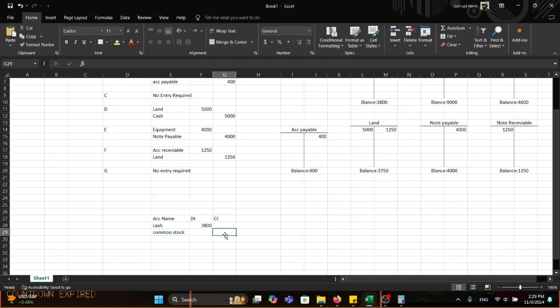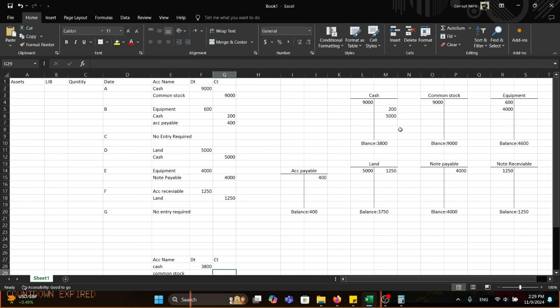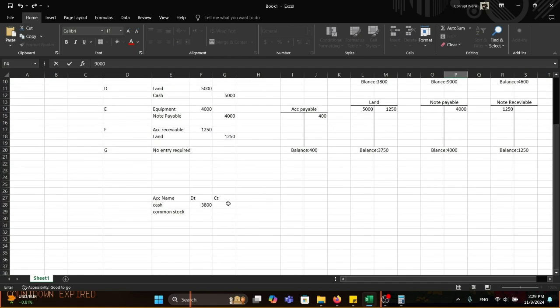Common stock is on the credit side, it's supposed to be on the credit side. I'm sorry about that, that was wrong, because we sold it and it's on the credit side. So the balance on the credit side is going to be 9,000.